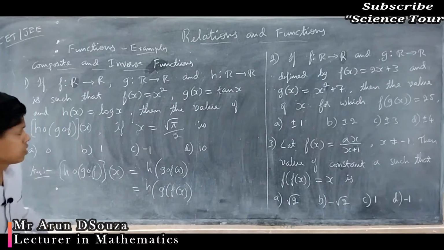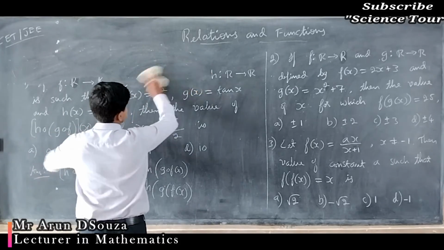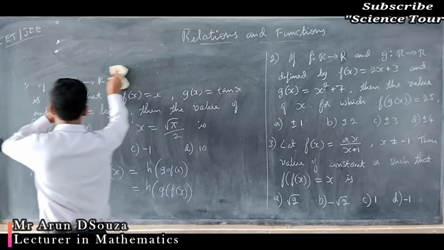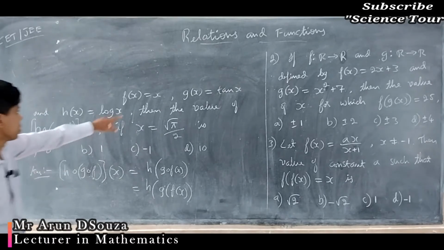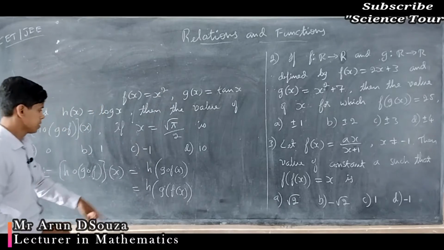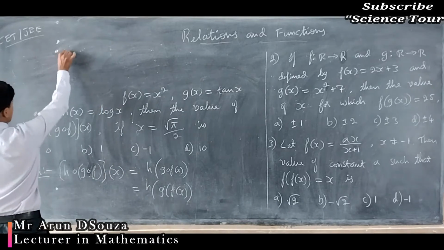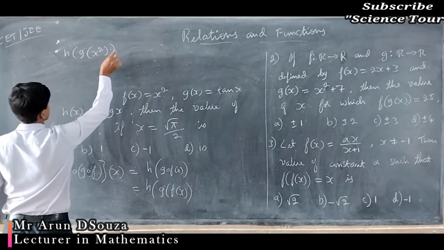What is f of x here? f of x is x square, right? So first you have h of g of x square.